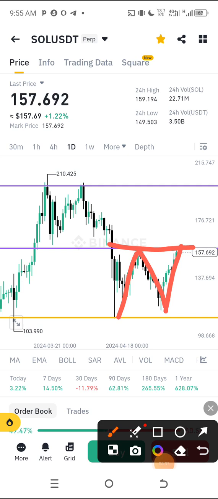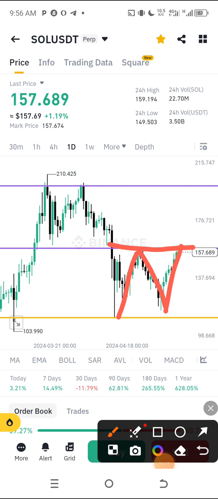Technically it's telling us the probability of it coming down is very high, but we can't say that price is going to fall, so we're going to sell at that point, because the weekly is giving us a bullish direction. So what we have to do is to wait for the lower time frame to align with the higher time frame before you can buy or sell.